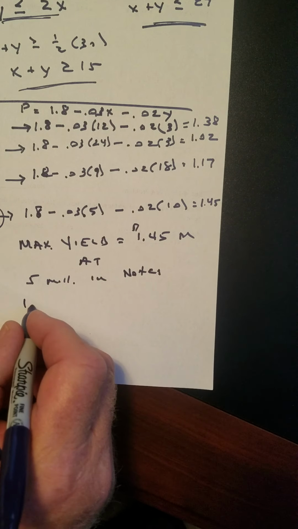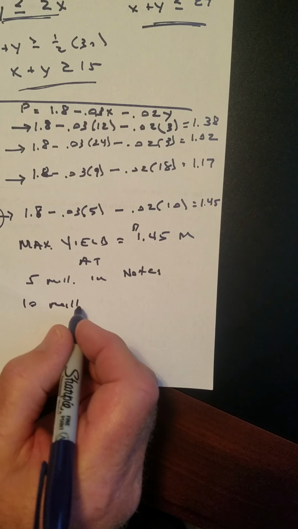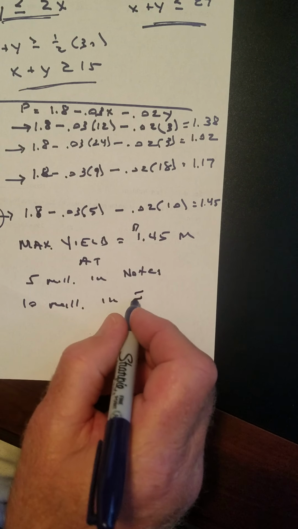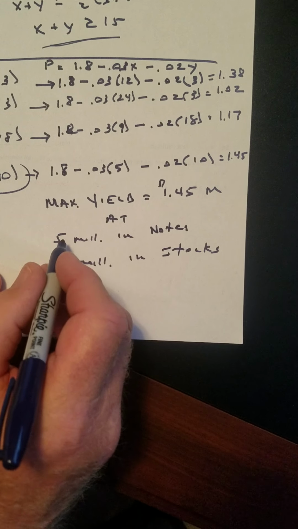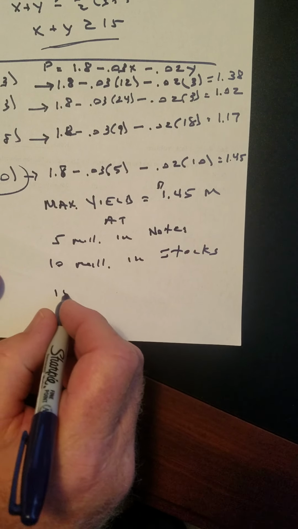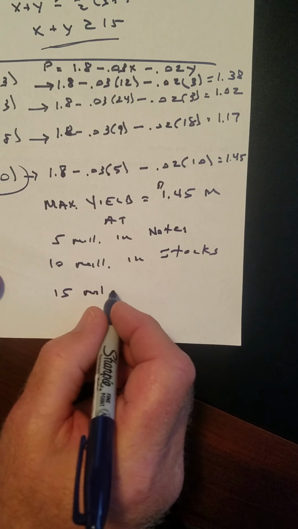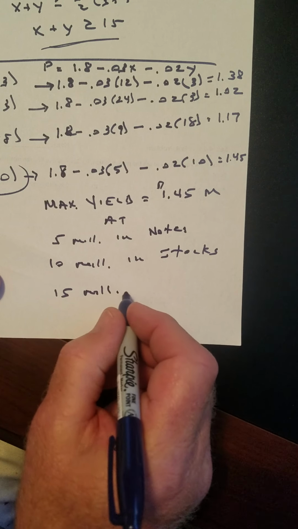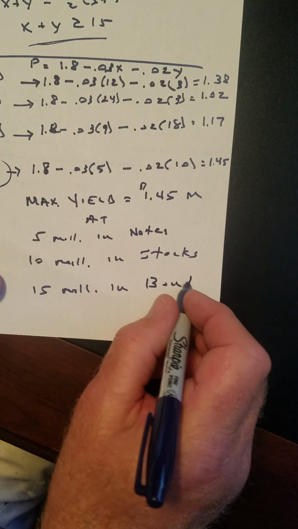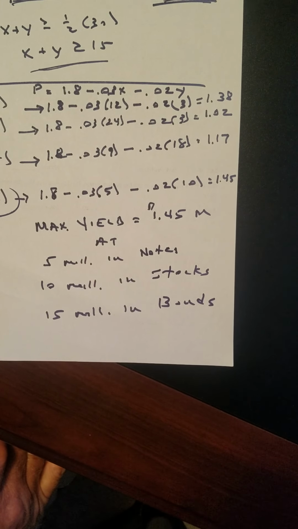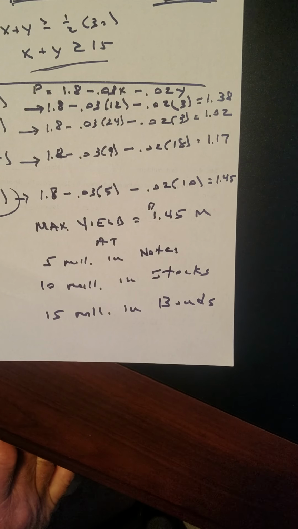And I'm going to put 10 million in stocks. Well, how much is left over? I had 30, so it looks like 15 million in bonds. And that's the answer.